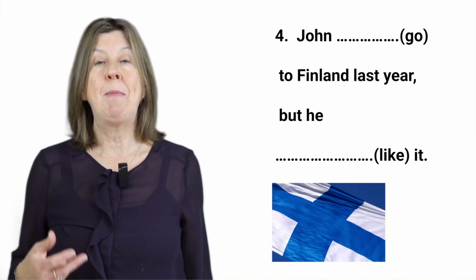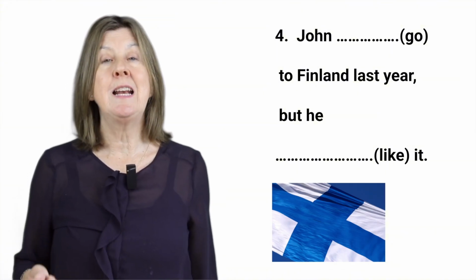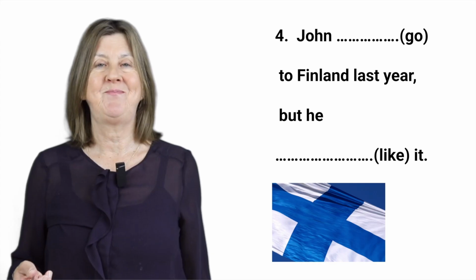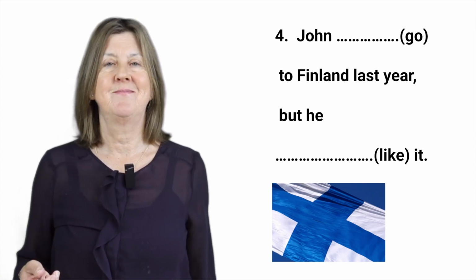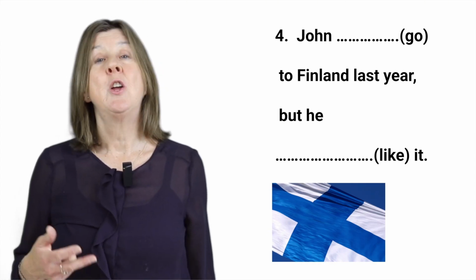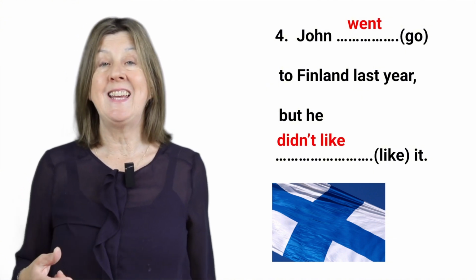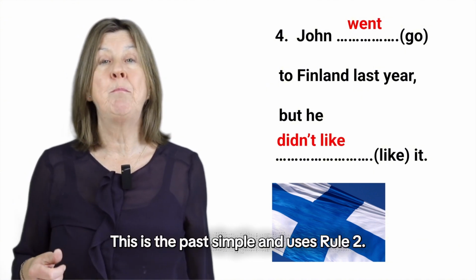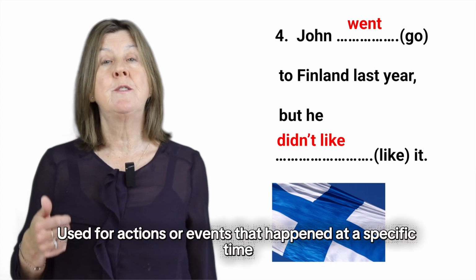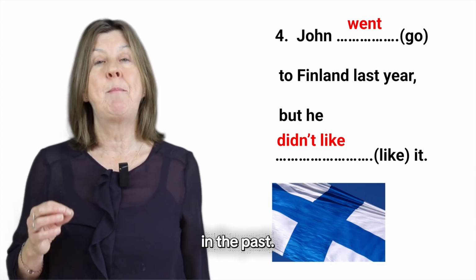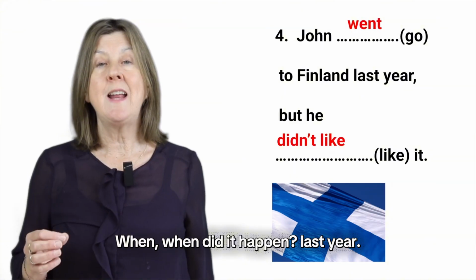4. John blank, use go to Finland last year, but he blank, use like it. John went to Finland last year, but he didn't like it. This is the past simple and uses rule 2, used for actions or events that happened at a specific time in the past. When did it happen?